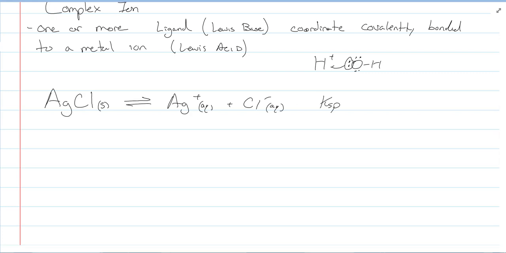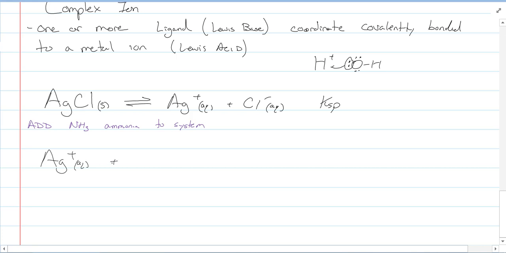Now, if we add NH3, ammonia, to the system, to the beaker, the container, well, silver ion plus 2 ammonias will form this complex with silver and ammonia.